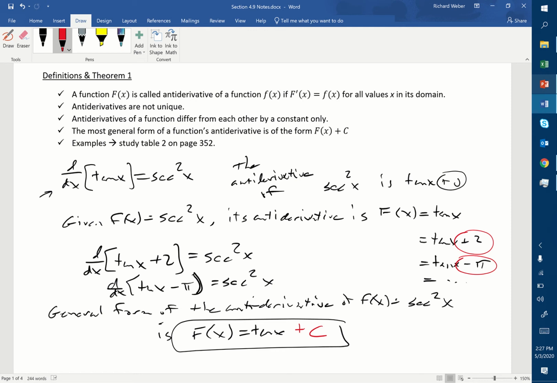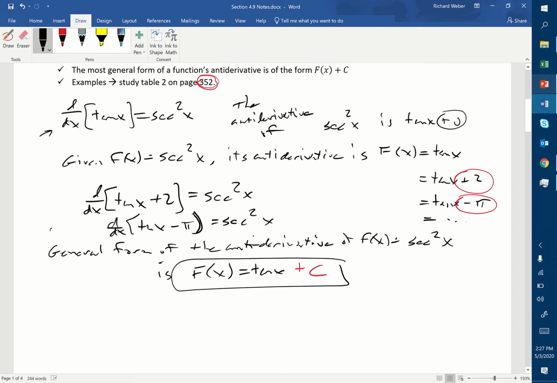You really should, for this particular video, pause the video and open your book to page 352. When you do, you're going to see a little table there. Actually, it has quite a few antiderivative formulas, but let me tell you, you know them all, or most of them, let's just say.